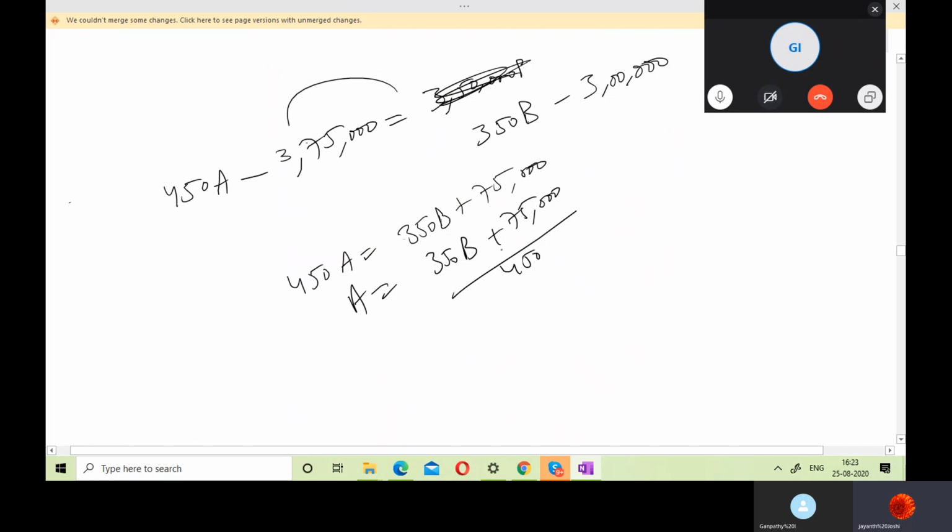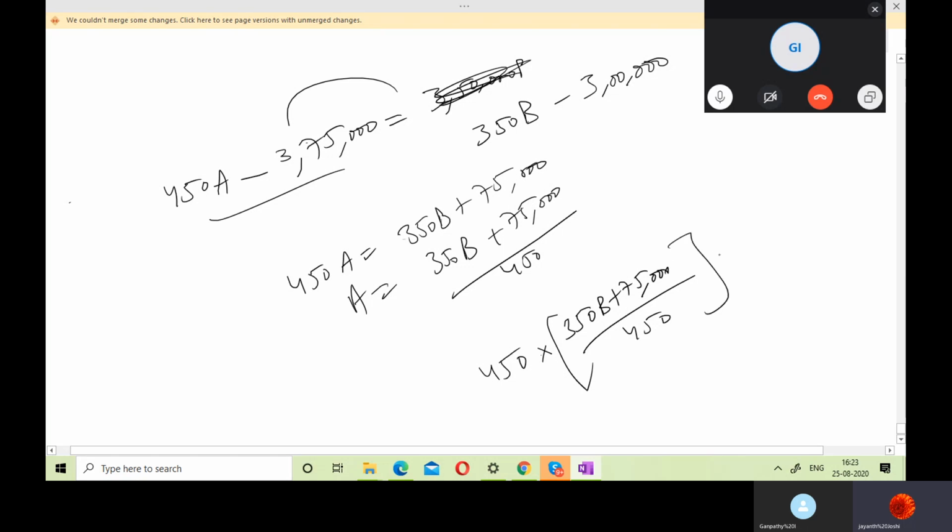So we substitute A here: 450 into (350B plus 75,000) by 450 minus 3,75,000 is equal to 350B minus 3 lakh.